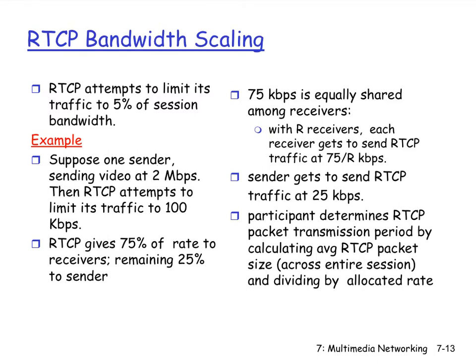This way, RTCP will limit itself to 5% of this data rate, which in that case is 100 kilobits per second. So 100 kilobits per second is 5% of the 2 megabits per second. This is the rate that RTCP will use to limit the data rate over the RTCP sessions.